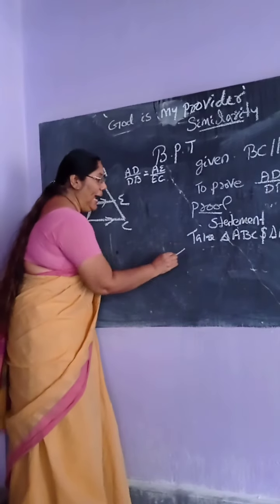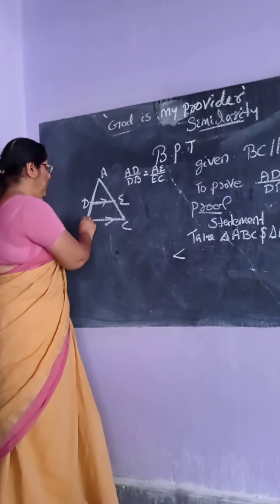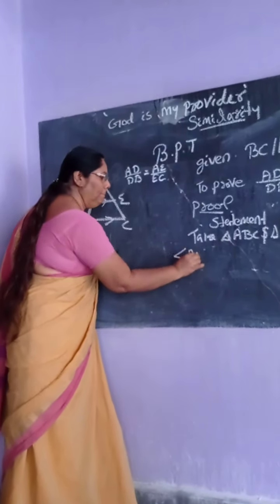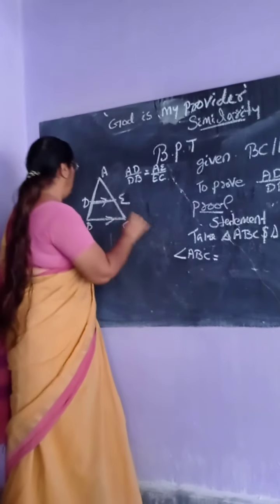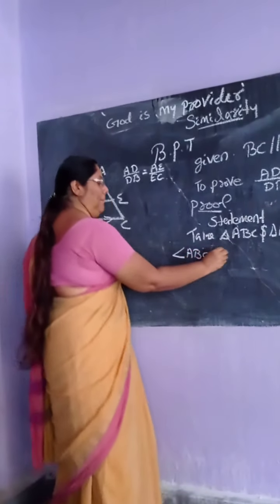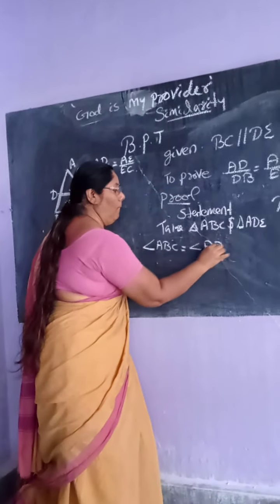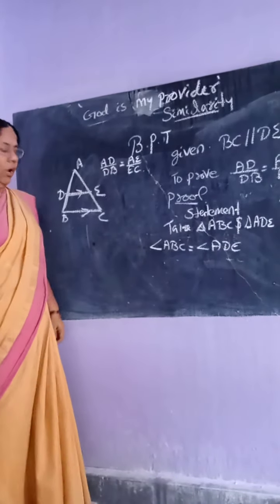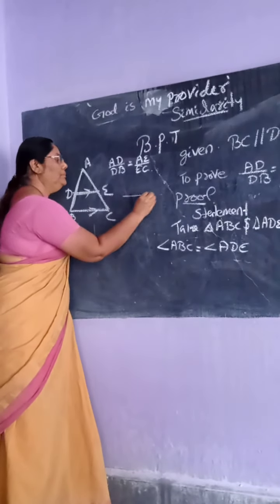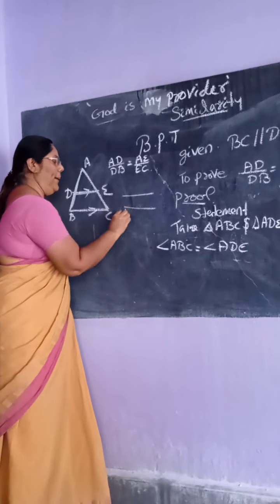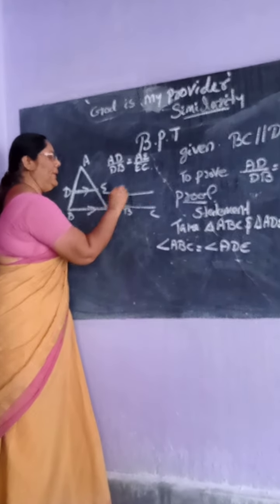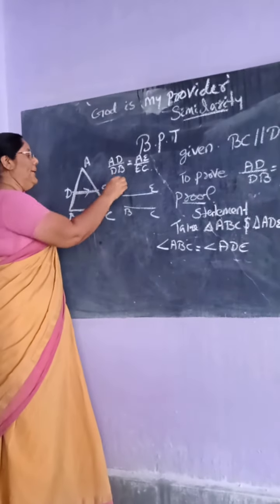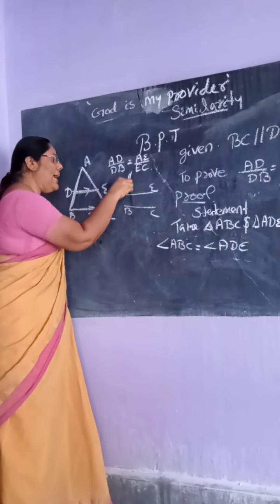Then, angle ABC equal to angle ADE. All of you look at the board. These two lines are parallel. BC and DE are parallel. That AB is the transversal.